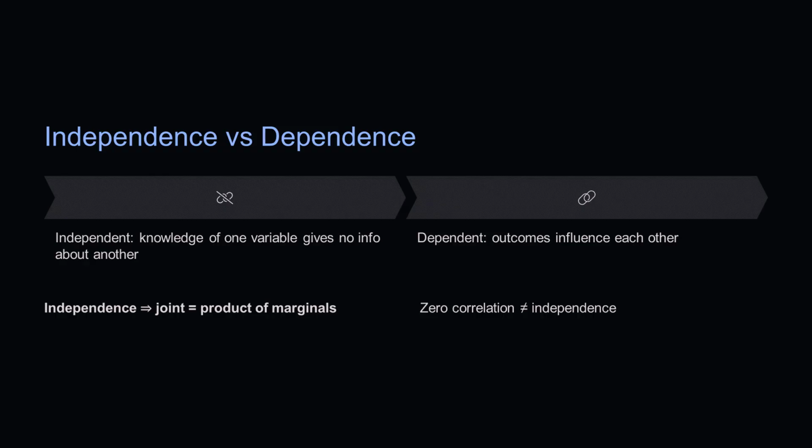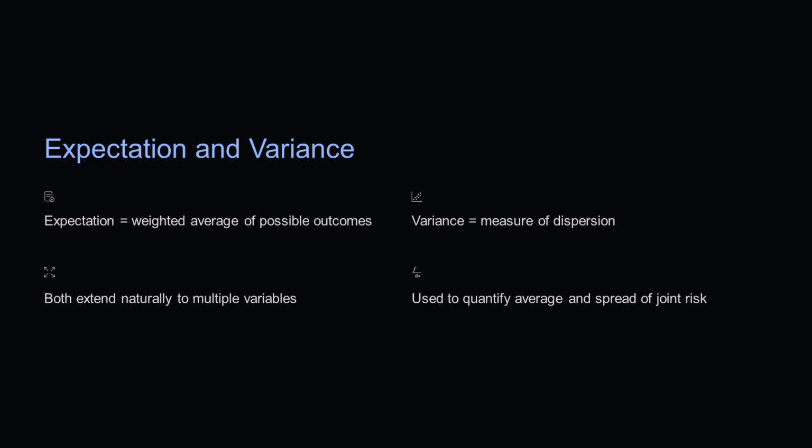Section 4. Expectation, variance, and covariance. Now let's talk about moments, the statistical measures that describe the behavior of random variables. The first moment is the expected value or mean. The second moment is the variance, which measures how widely outcomes spread around the mean.